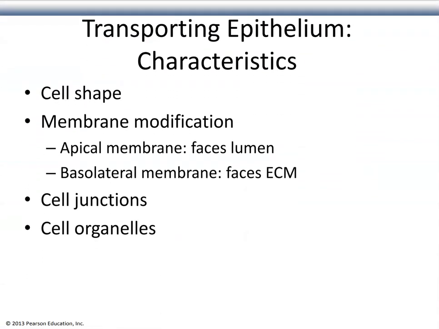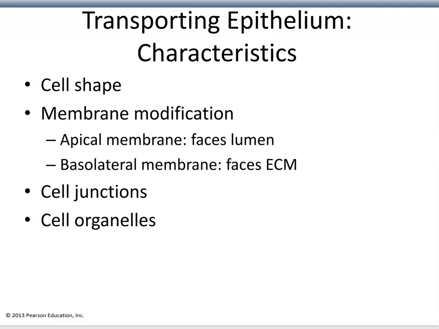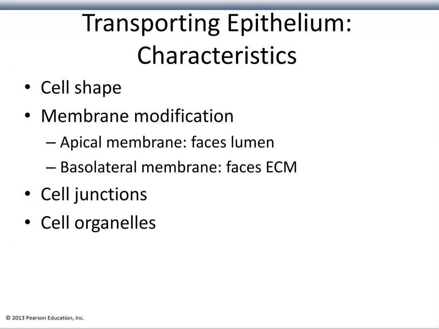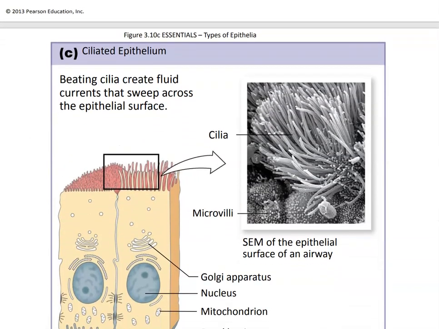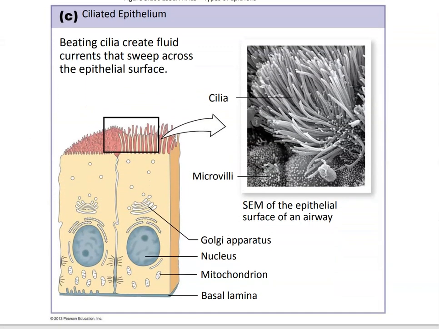So the transport epithelium characteristics, of course, the cell shape makes a difference. Flat cells are really good for minimizing diffusion distances. If you have a transport epithelium, that's kind of nice. And then cell junctions and cell organelles are involved. Here's an example of a ciliated epithelium. You can take a look at that.